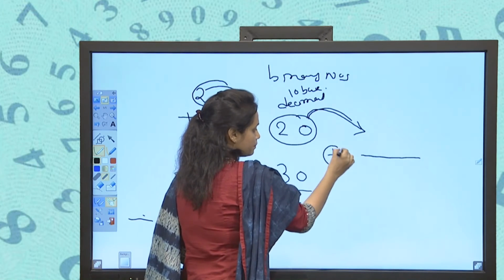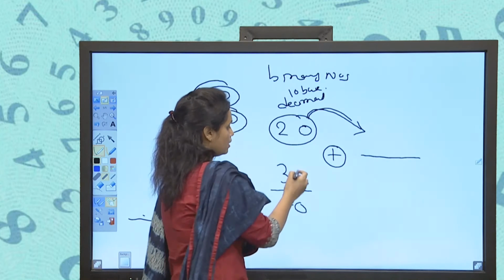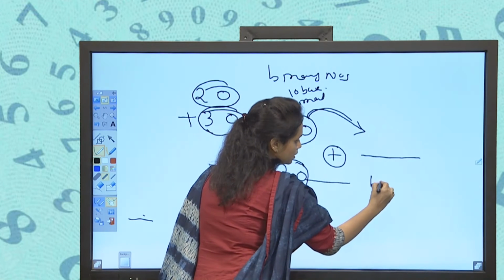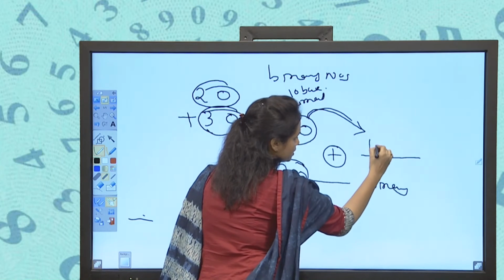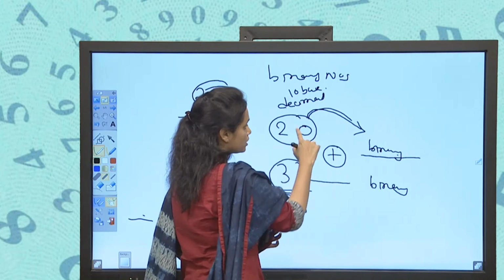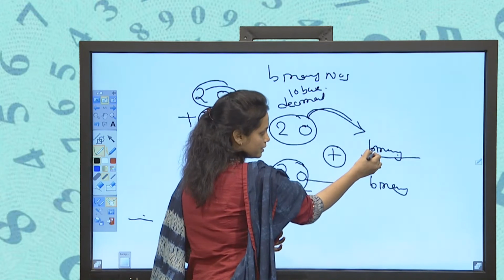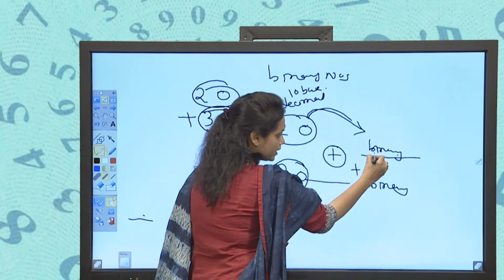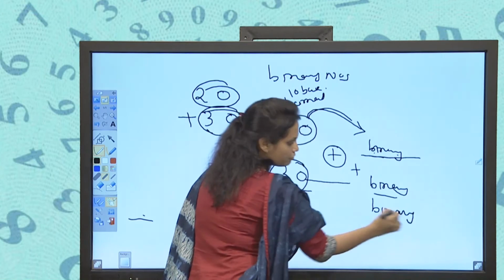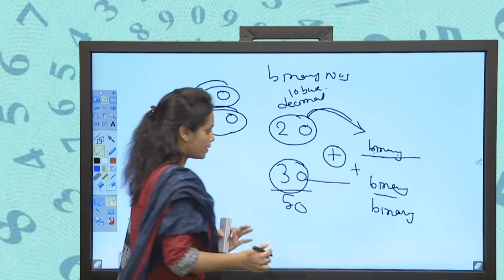Again we use the plus sign, again when we enter the 30, it will convert this number into the next binary form, fine. So first we need to do the conversion from decimal to binary, the machine will add two binary numbers, and it will give the answer in the binary form, okay.